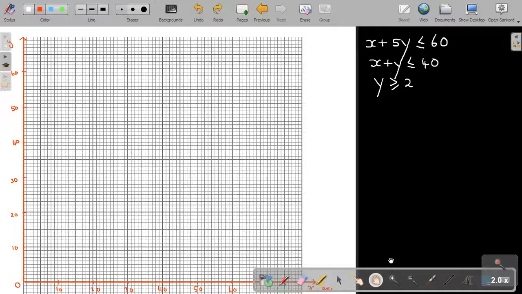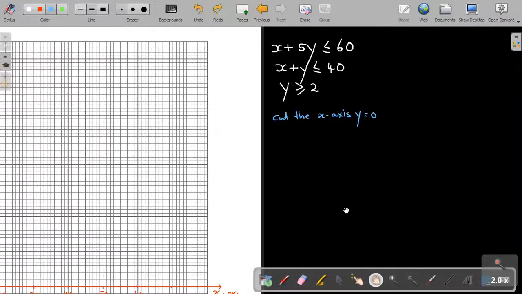Okay, now if I draw this, let's start with this one. So it's going to cut the x-axis, then I make y equals 0. And I want to move it a little bit first, and then cut the y-axis, x equals 0.